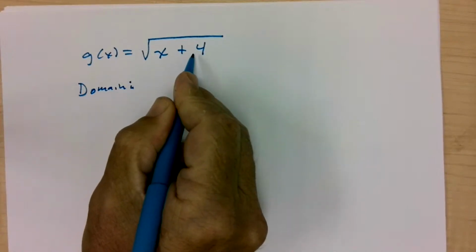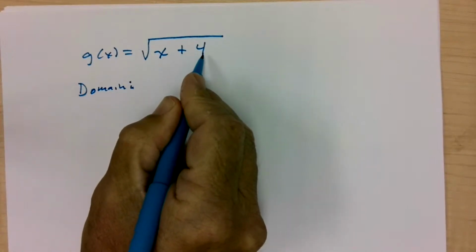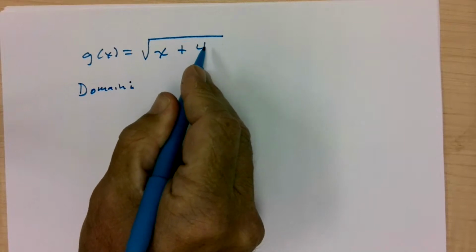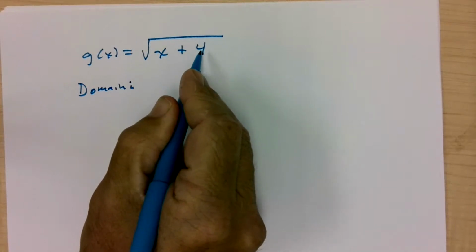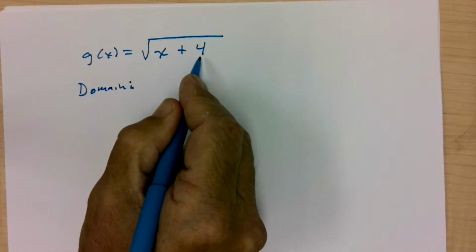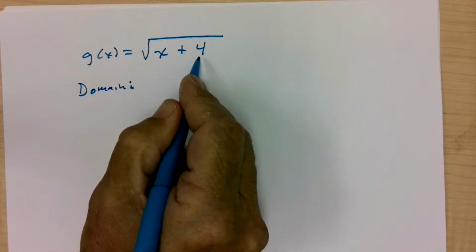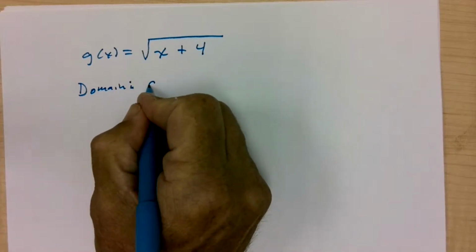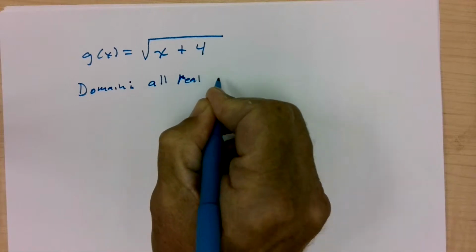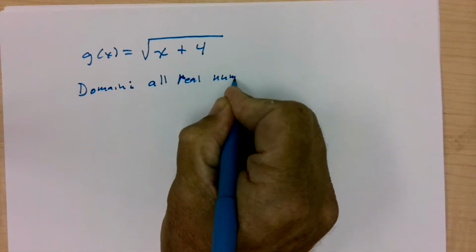So I cannot use -5. -5 plus 4 would be -1. Square root of -1 is not a real number. The smallest number I would be allowed to use would be -4, because -4 plus 4 gives me 0. Square root of 0 is a real number. So the domain here is all real numbers greater than or equal to -4.